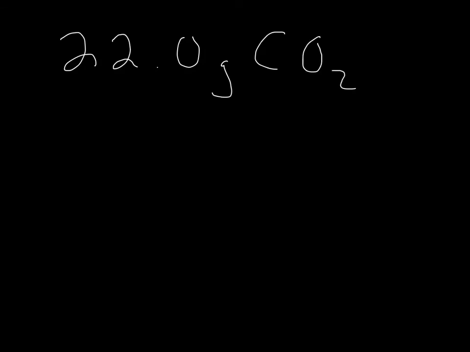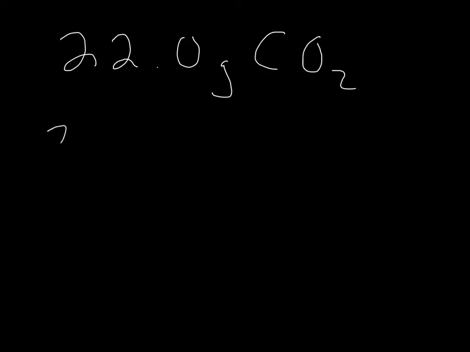When the 11.5 grams of ethanol burns, it turns out that it produces 22.0 grams of carbon dioxide. This is the carbon dioxide that's produced from burning the ethanol, and obviously it contains the carbon that was originally in the ethanol.